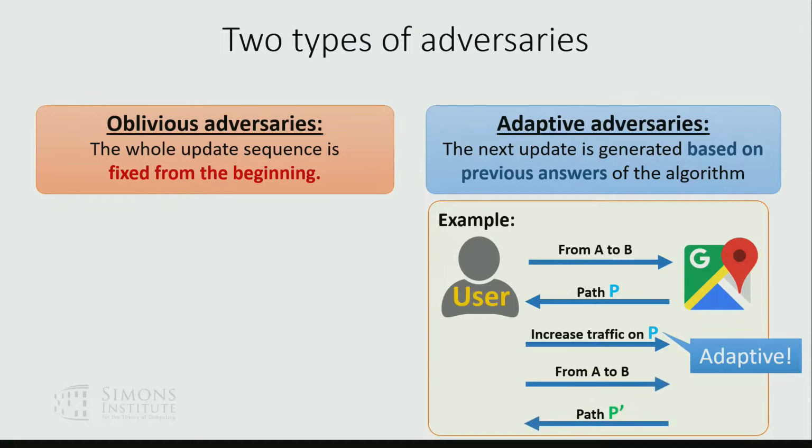So an adaptive adversary can happen naturally, and will happen really a lot when you use the data structure inside another static algorithm. So this is a stronger adversary that you usually want to work with.